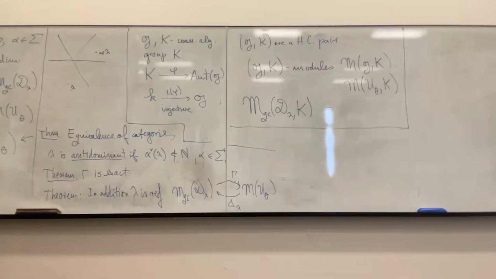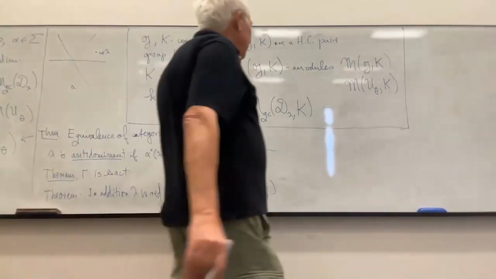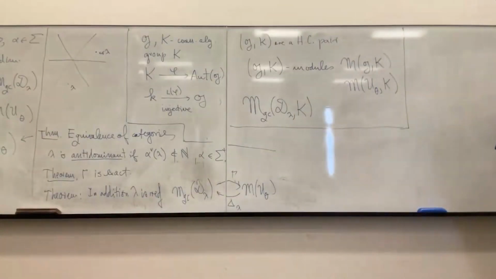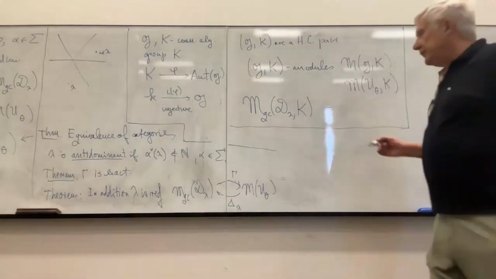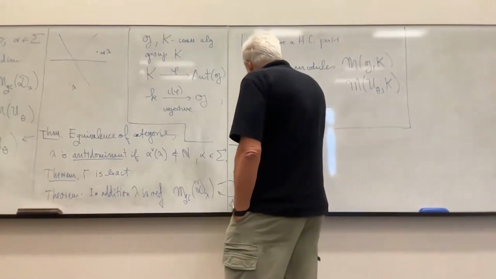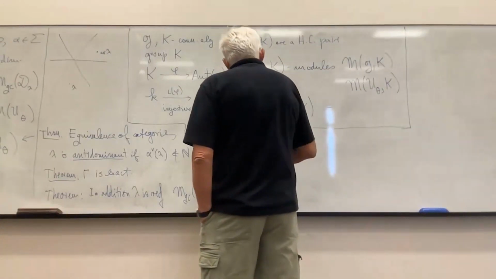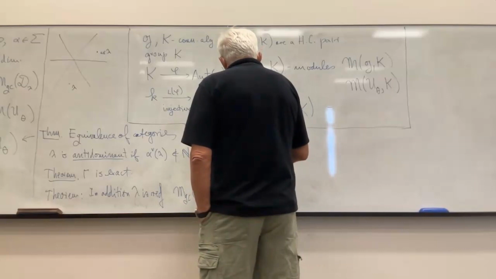With the derived categories, this is iffy because these are not good categories for homological algebra. So I will stay out of this. One has to deal with this in a different way. But this is, till this moment, not very interesting. It's more or less formal.